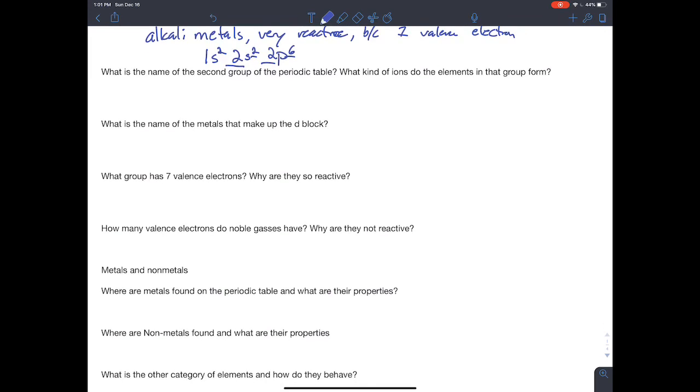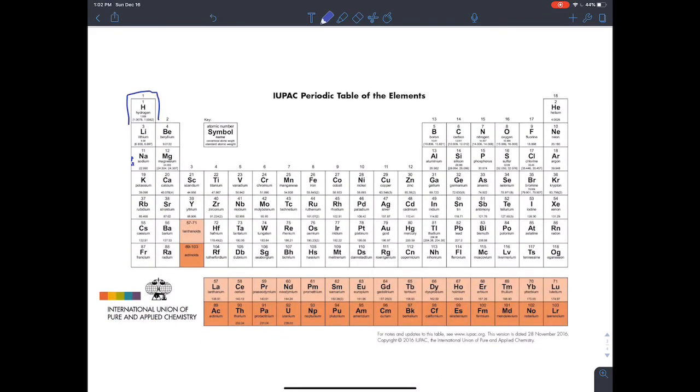Second group, the alkaline earth metals. Also metals, and then what kind of ions do they form? So now we're talking about the second group right here. What kind of ion does it form? So what does it want to do with its valence electrons? Well, similar to what the alkali metals want to do, it wants to get rid of its valence electrons.